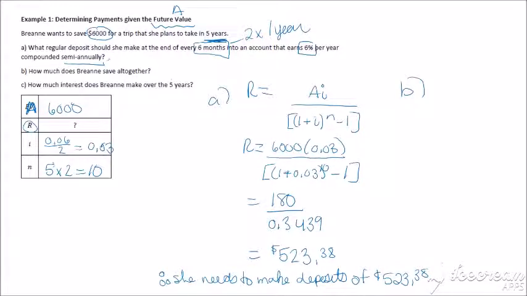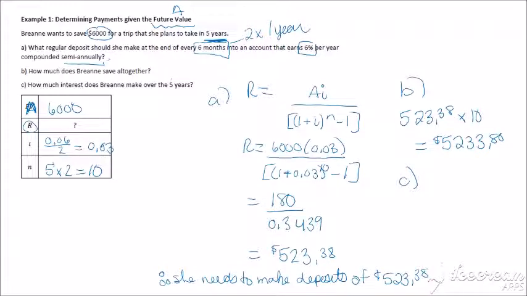How much does Brianne save altogether? The amount that she's actually putting in, remember, she's putting in $523.38, and how many times does she put that in? Well, she invests that 10 times. So she's actually saving $5,233.80. And how much interest does she make?